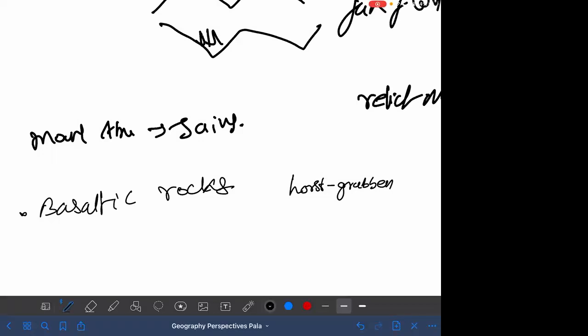The Vindhyan range forms a low-lying horst with an average elevation of 600 meters, comprised mainly of limestone rocks.